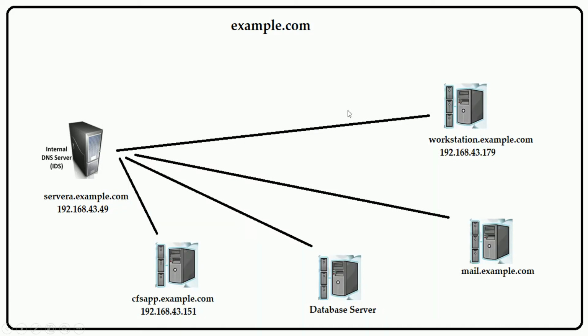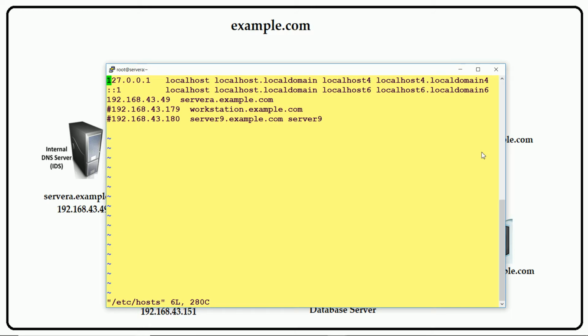This is what we have to do on all the servers, like the CFS app, database server, mail.example.com, and workstation.example.com. If we do not have a DNS server in my organization, and a new server is going to be added into my environment, the same exercise I have to do on all the servers. Exercise means that I have to update the etc host file.